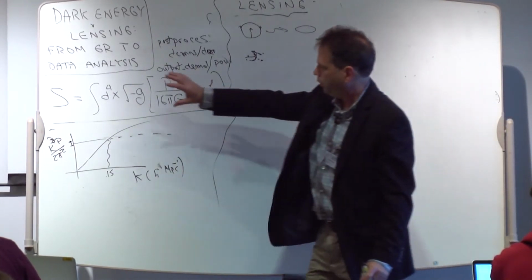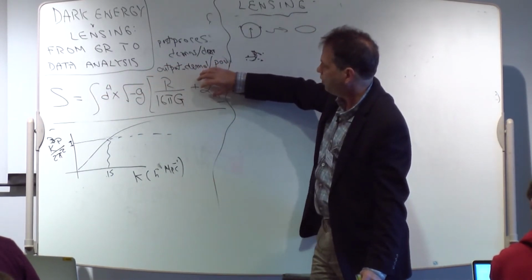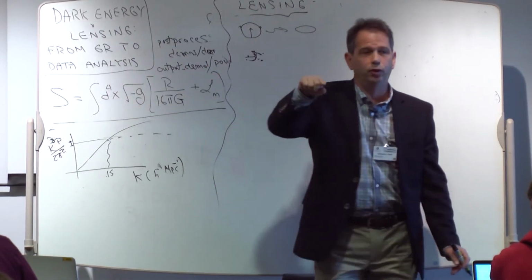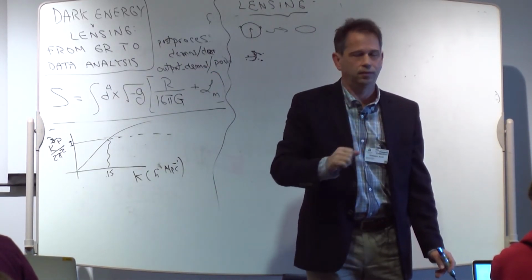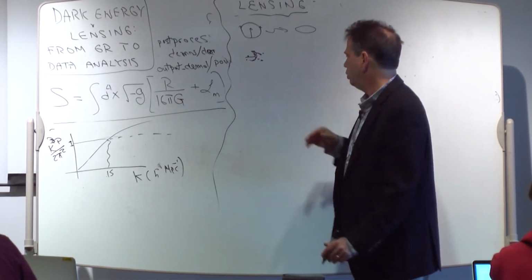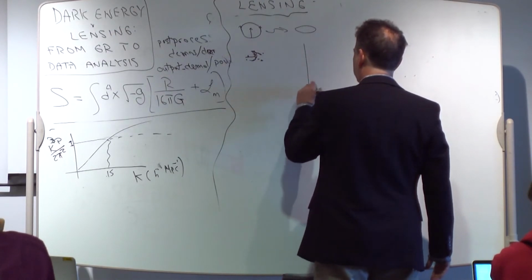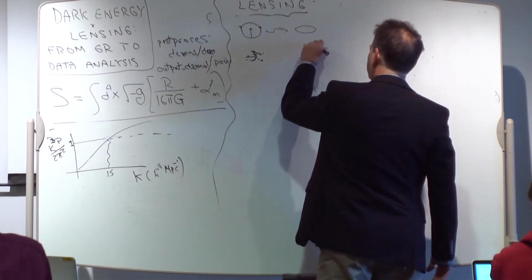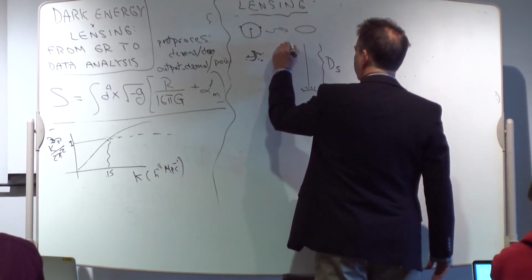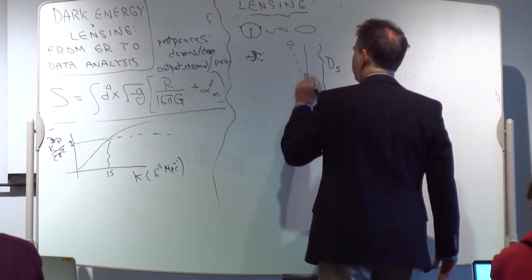And so if you start with this action, you can derive an equation called the geodesic equation for how light propagates through the universe, that accounts for this deflection of light. And when you apply it to this situation, imagine we're over here, and there's some source a distance ds away, and the source looks something like this, and it's an angle theta away from us.